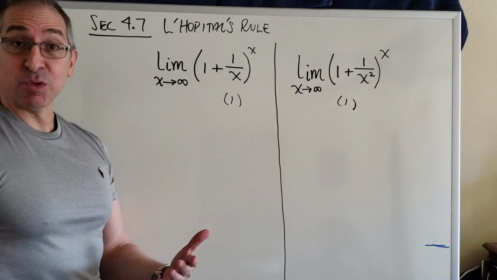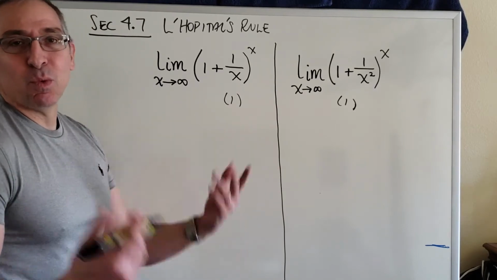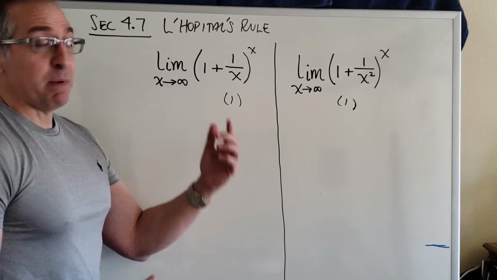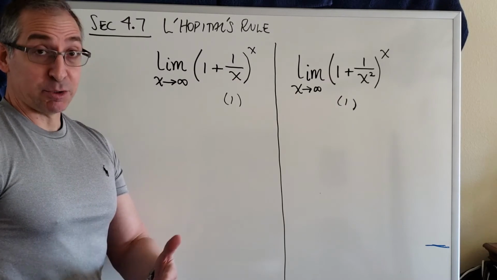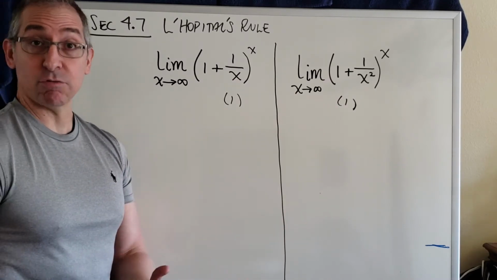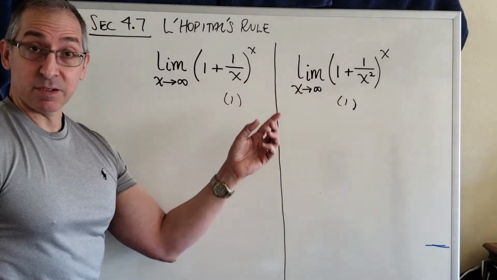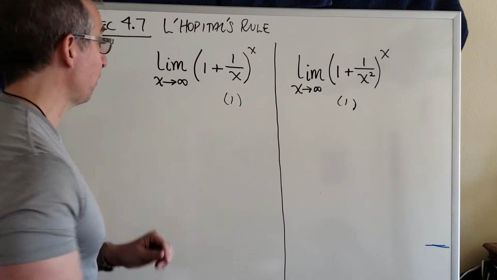All right, now here's what I did, gang. I used an Excel spreadsheet. I could have used a calculator, but I used a spreadsheet. So what difference does it make, right? So what I did was, remember how we used to evaluate limits in chapter 2 in the very beginning, right? We used to determine limits by using tables and graphs. So I used a spreadsheet and I made tables for both of these, okay? Here's what I came up with.